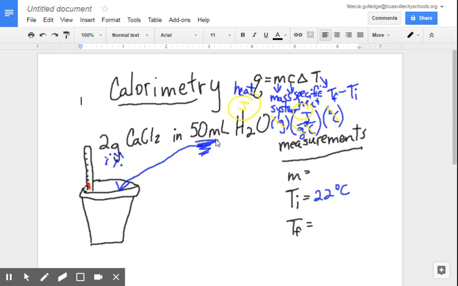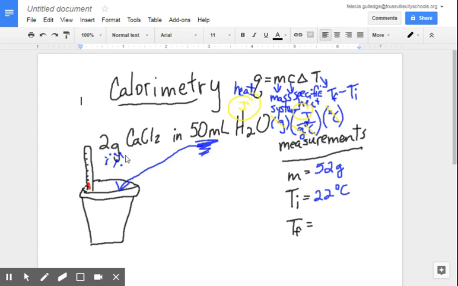How do I figure out the mass of water? Well, the density of water is 1, which means that 50 milliliters of water is also 50 grams of water. So, since I have 50 grams in the cup, plus the 2 grams coming from the calcium chloride, the mass of our system is 52 grams.